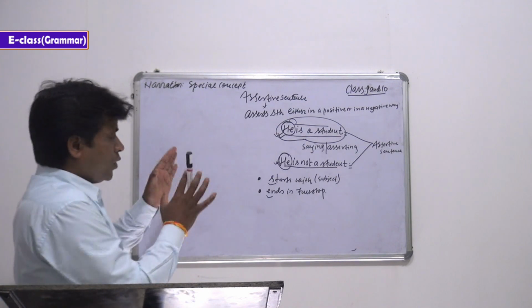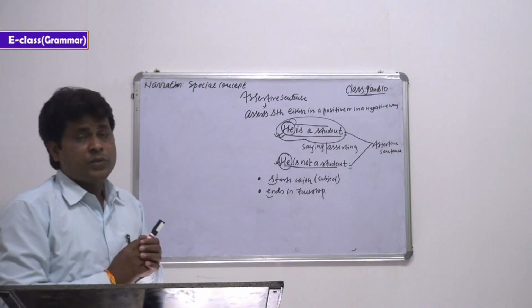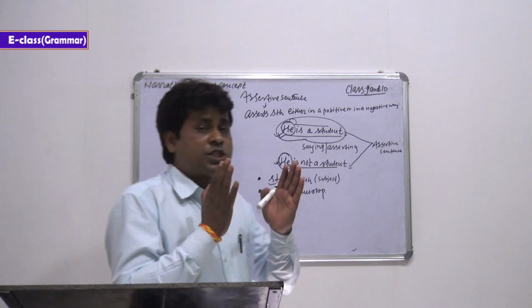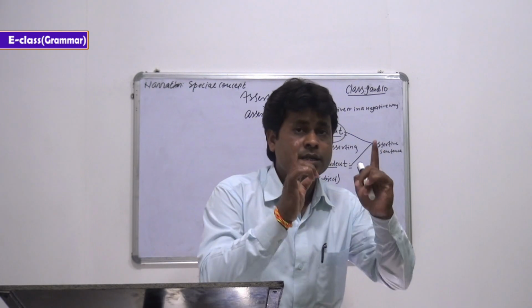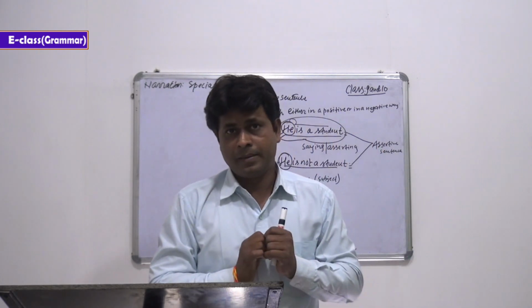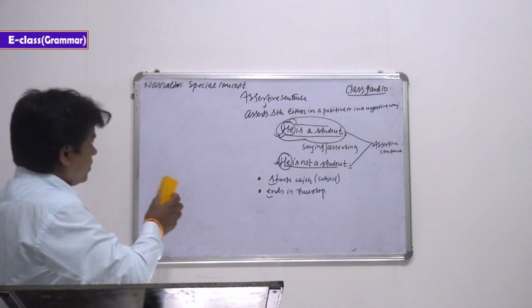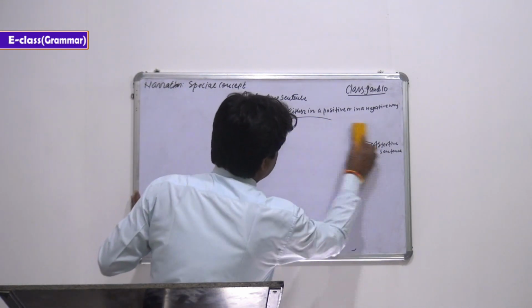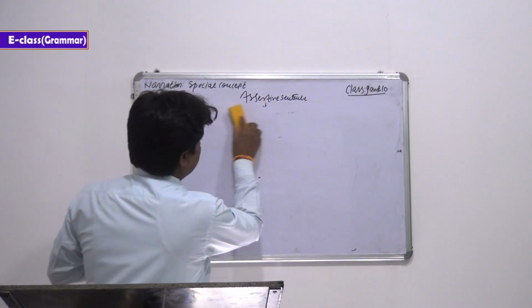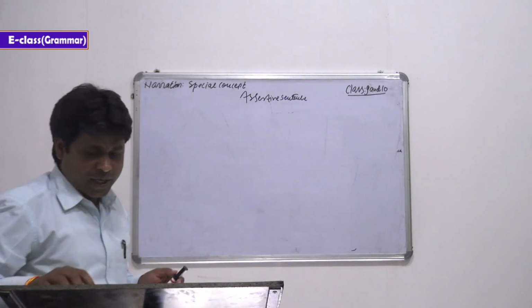Okay. If you know this, then now we'll talk about the change from direct to indirect of an assertive sentence. Let's see first. See here.